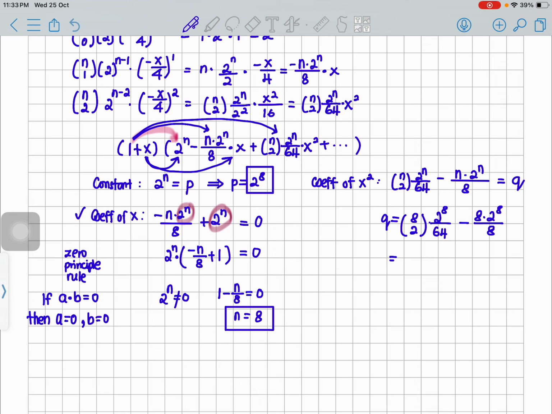Okay, let's put this in the calculator. You can factorize. You can do whichever method you like. Which will give me negative 144.